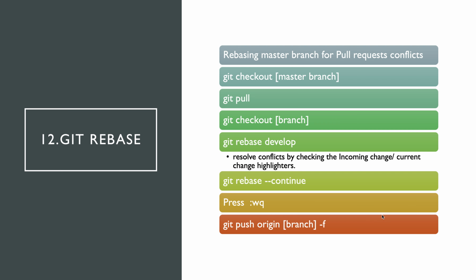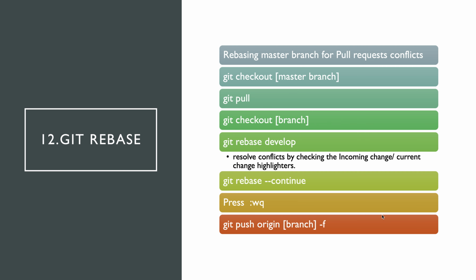Once that is done, you will save it and add it. Then you will again give the command git rebase continue, so that you make sure no other conflicts exist. Once no other conflict exists, a command window will open stating these are the changes and these were the branches, and you have to just press colon and wq.